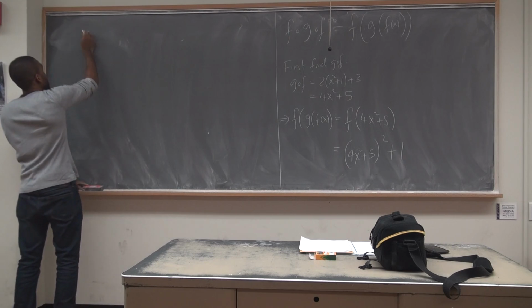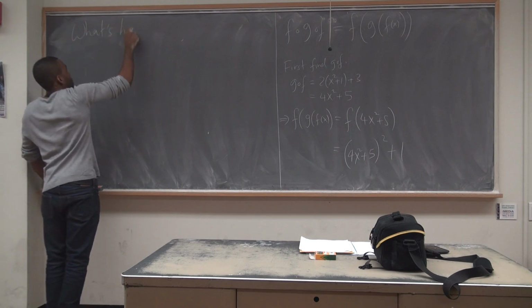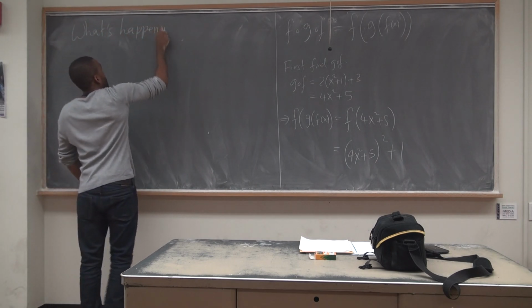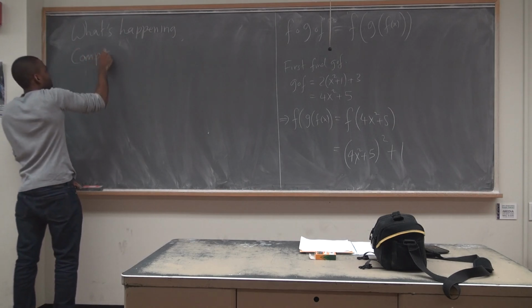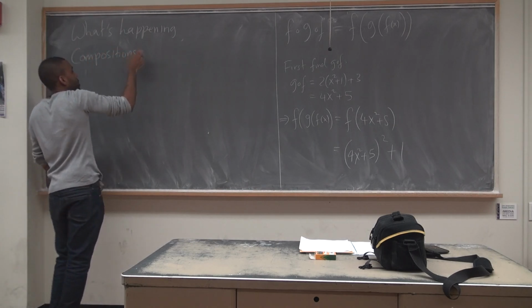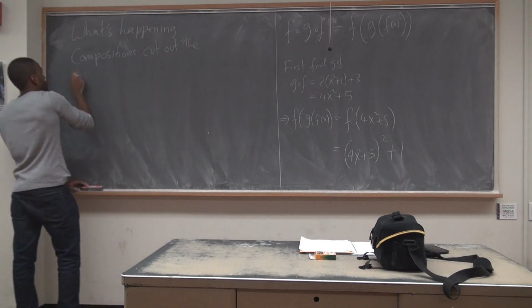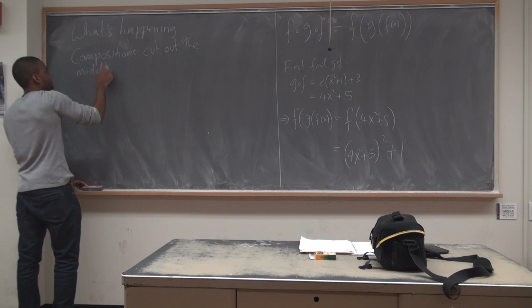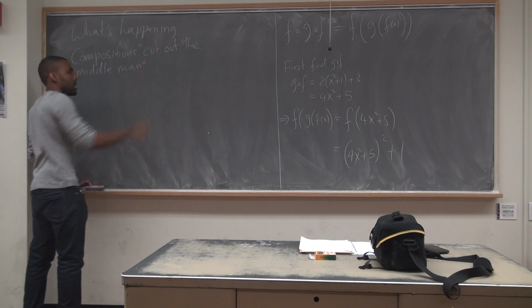To talk about domains, let's talk about what's happening. Composition of functions simplify our lives. Basically how you want to think of them is that they cut out the middleman.